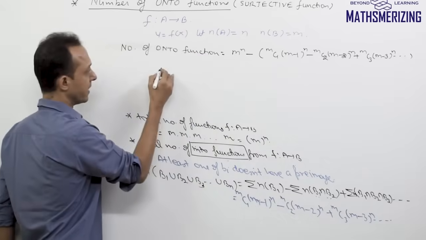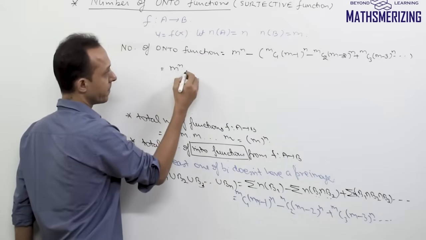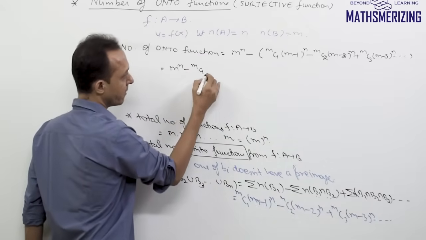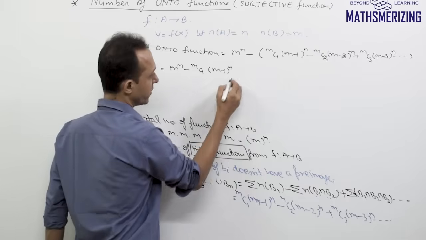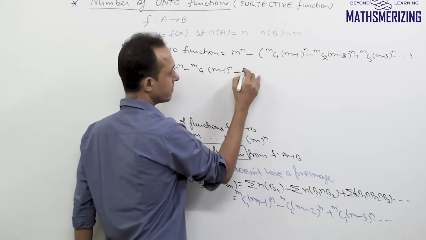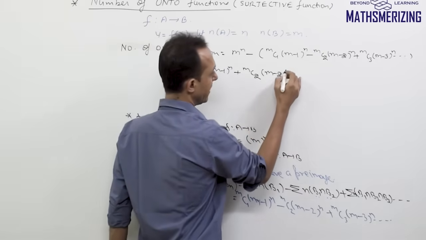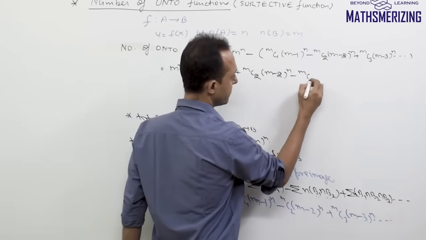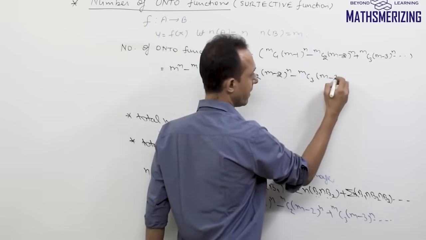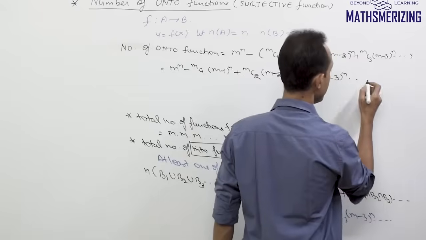So I can in fact write it as m to the power n minus mC1 (m-1) to the power n plus mC2 (m-2) to the power n minus mC3 (m-3) to the power n.